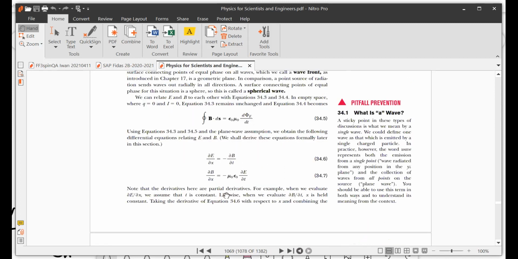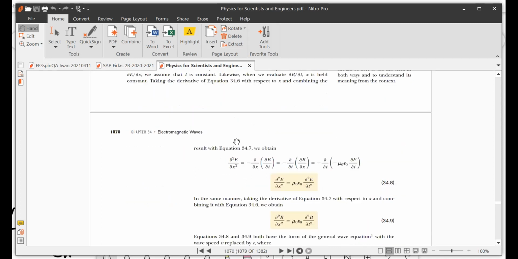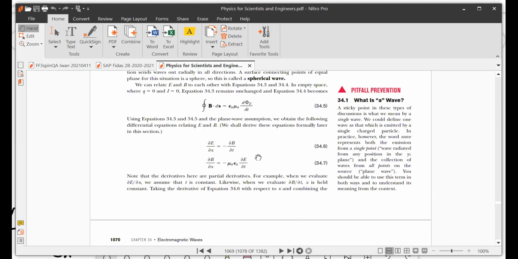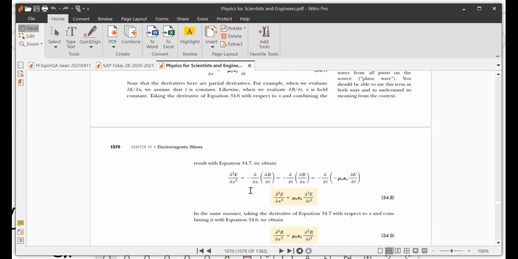So using these two equations, after some computation, we arrive at the equation 34.8 for E. And for B, you could use this equation 34.7.